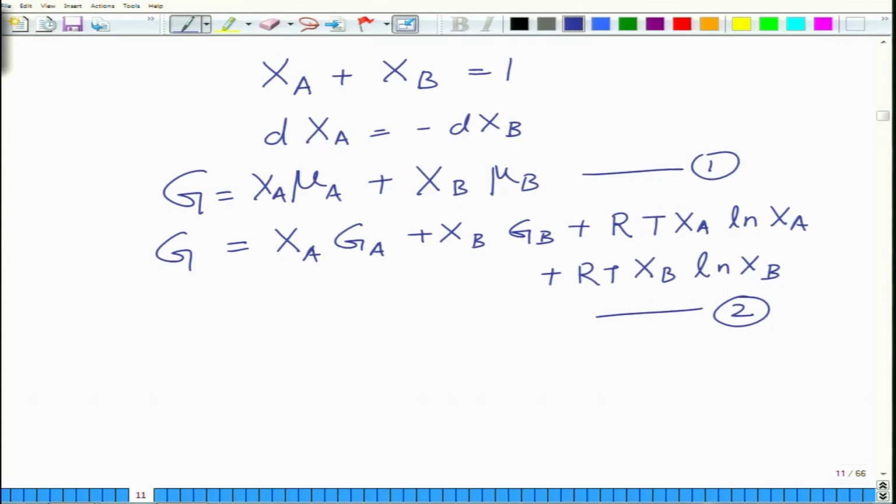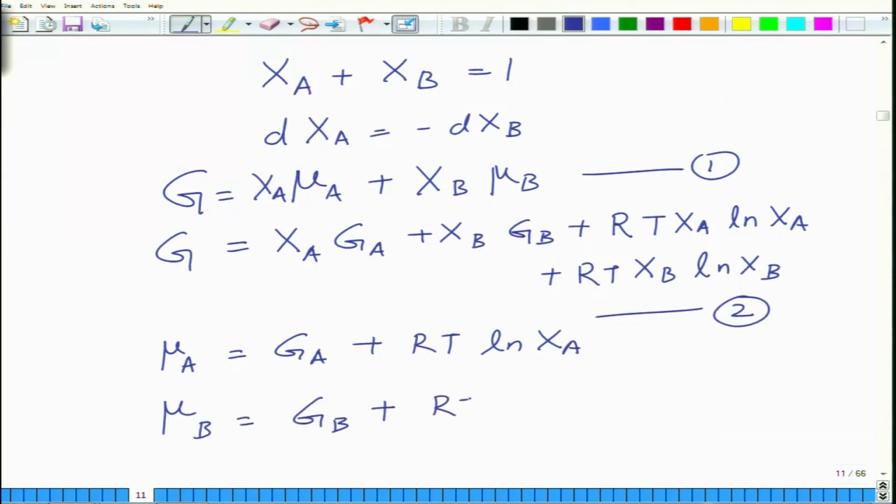Now you equate these two equations. If you equate them, you get mu A is equal to GA plus RT ln XA, and mu B is equal to GB plus RT ln XB.